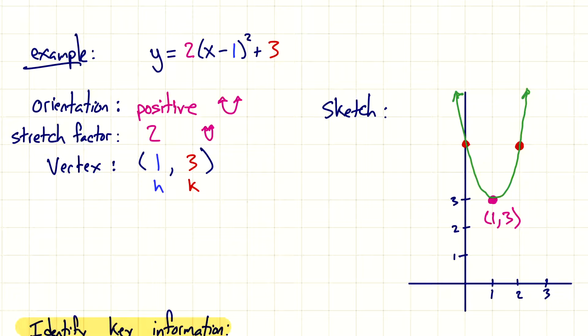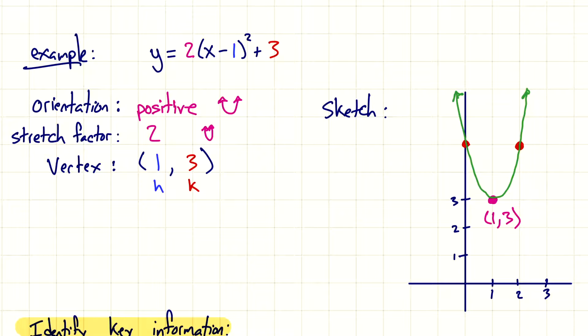So if you wanted real points, even if you're asking, well, how did you get those points? You could just plug in numbers. So if you plug in a 2 into this equation, meaning if I replace this x with a 2 and I do the calculations, it should give me a y value. If I plug in 0, then it'll give me another point up here. So that's an easy way to get a couple points, and then you have a pretty decent sketch.